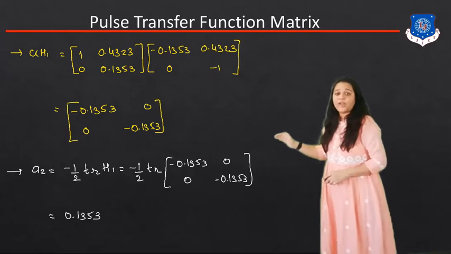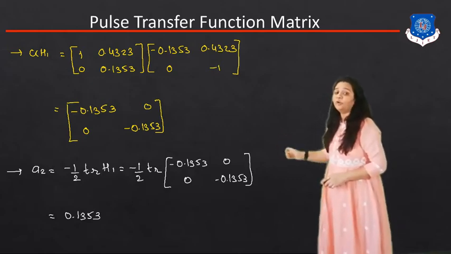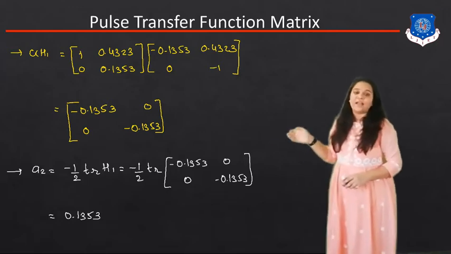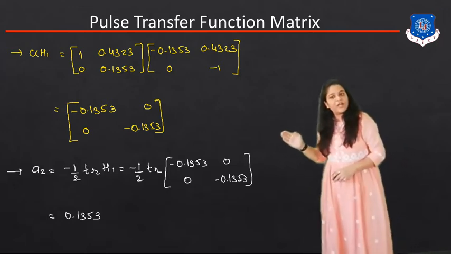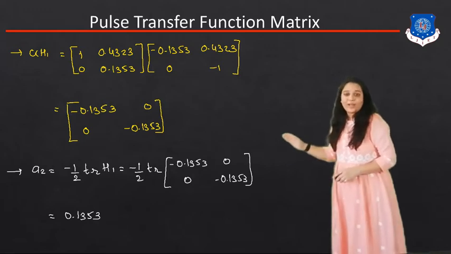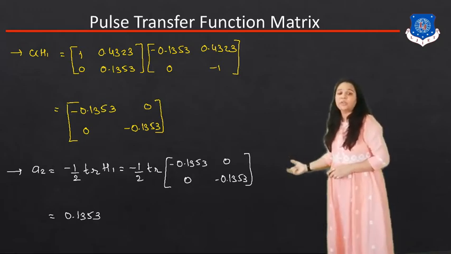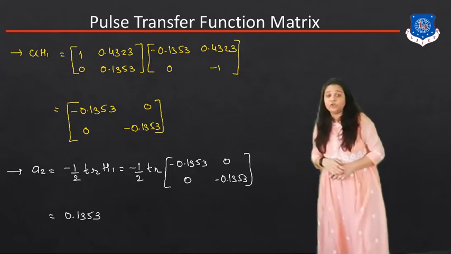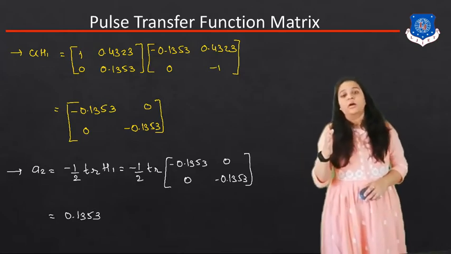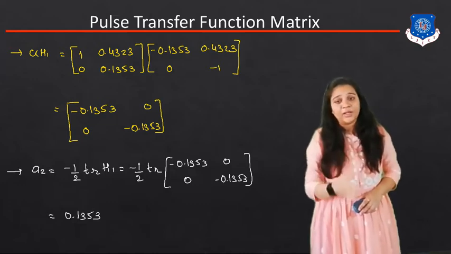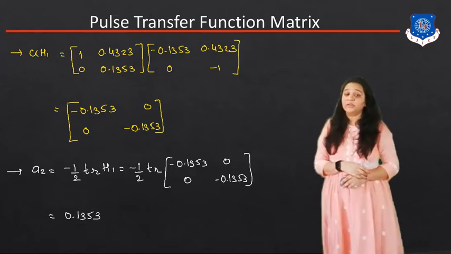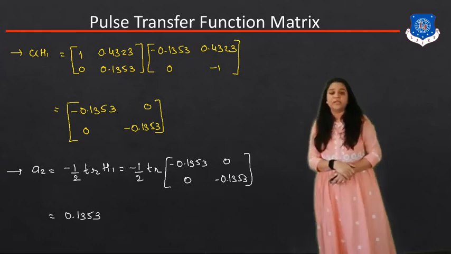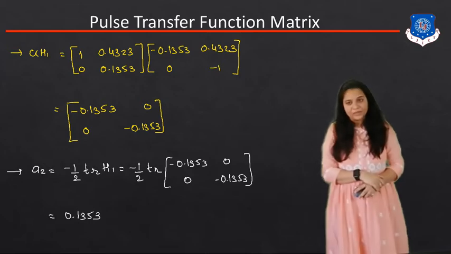So the equation of a2 is -1/2 trace(G H1). We put in the multiplication answer and then find the trace: (-1.1353 + -0.1353) divided by 2, so we get 0.1353. Minus minus becomes plus.